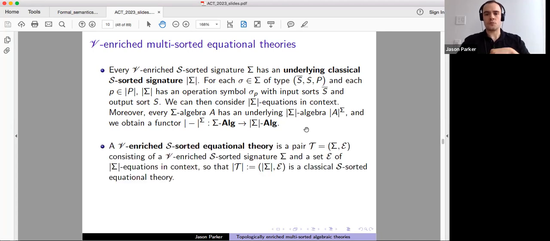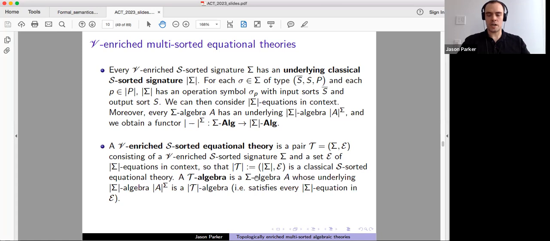Okay, so now we can define a V-enriched S-sorted equational theory to be a pair T of a V-enriched S-sorted signature sigma and a set E of vertical bar sigma equations in context, or a set of equations over the underlying classical signature. So if we define vertical bar T to be the pair vertical bar sigma with E, this is a classical S-sorted equational theory that we can call the underlying classical theory.